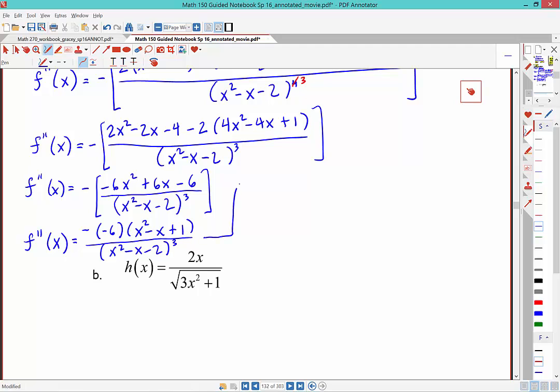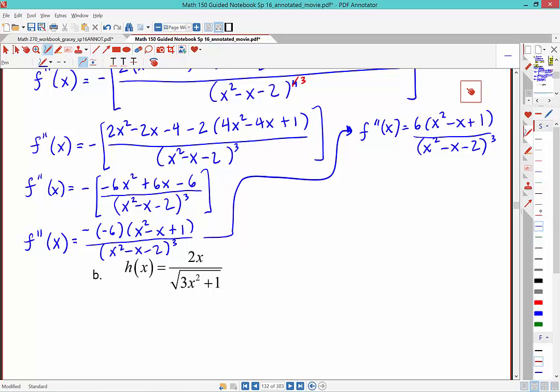So that, of course, will give us f double prime at x is 6 times x squared minus x plus 1 over x squared minus x minus 2, the quantity cubed.